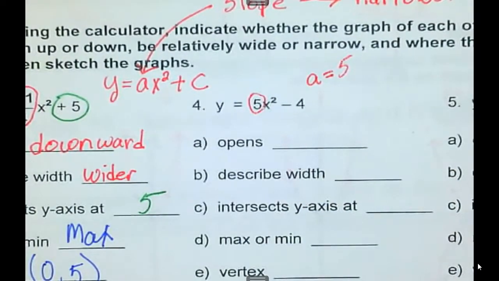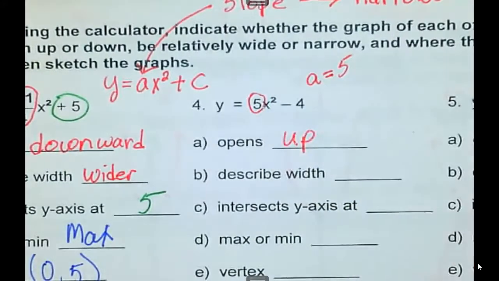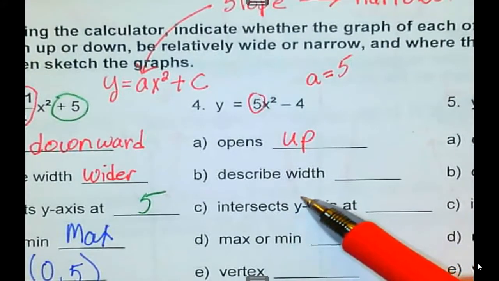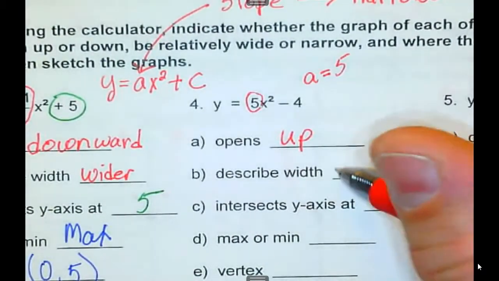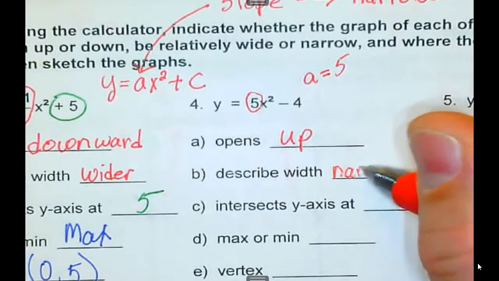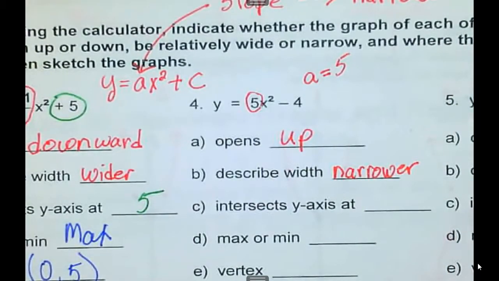So we're getting bigger than 1. What's happening? Describe our parabola. Well, yeah, it definitely opens up because it's positive. But what about the width? It's getting bigger than 1. So it's getting narrower. Or you could just say stretch or skinnier.